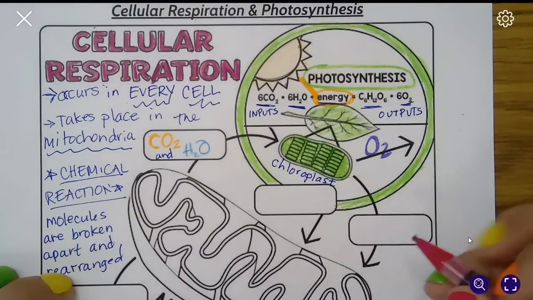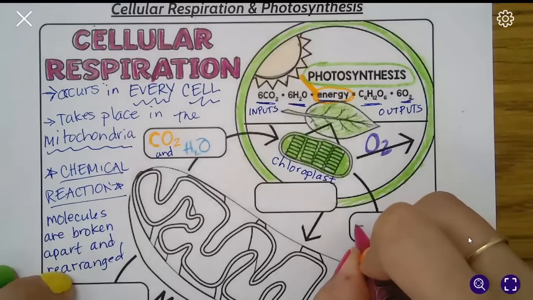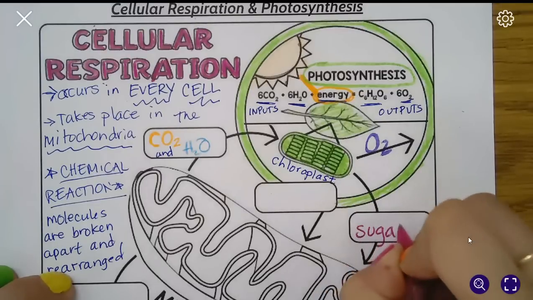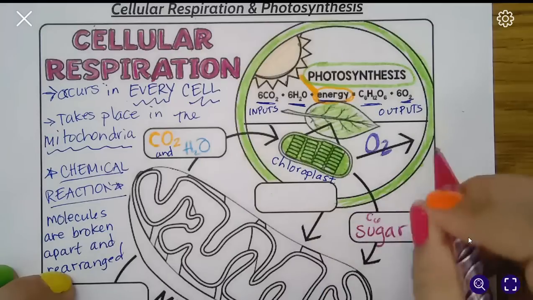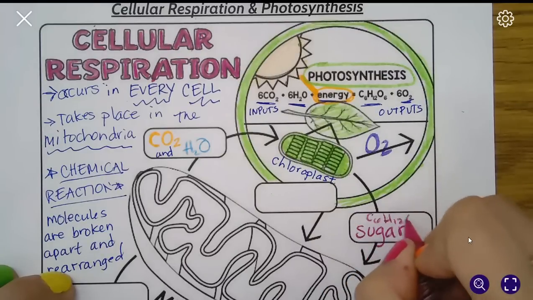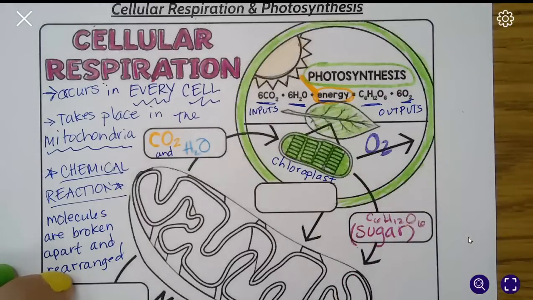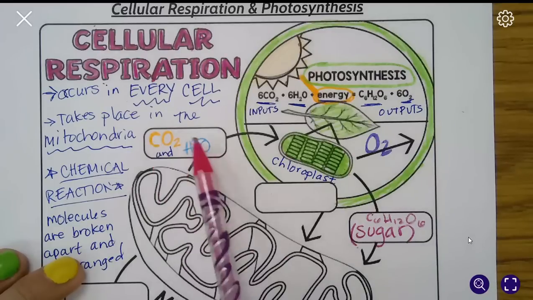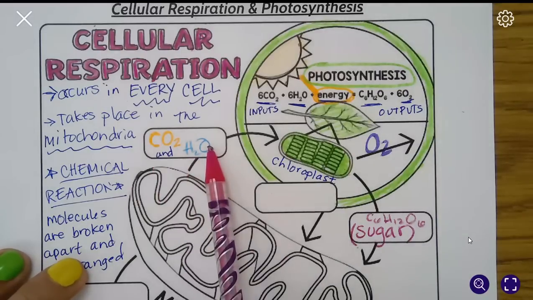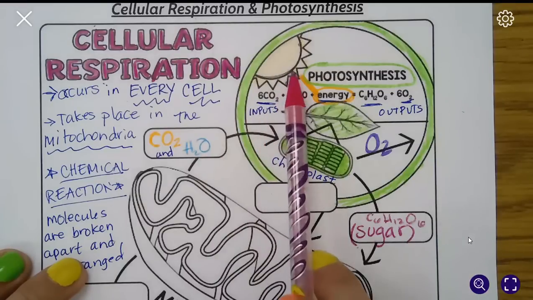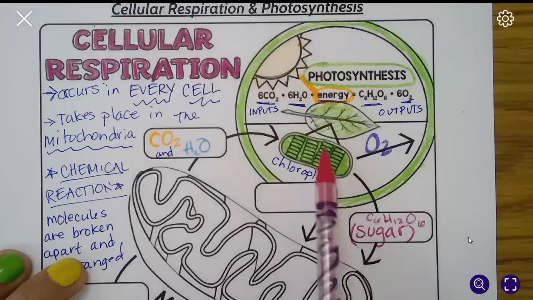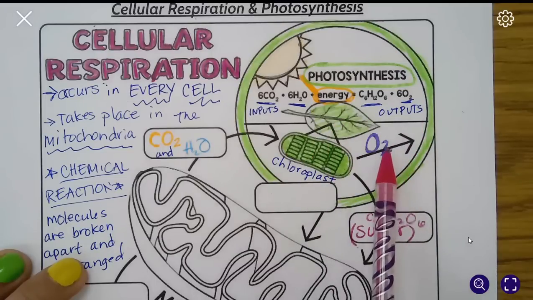We're going to use that for sugar. So it also produces sugar, which is my C6H12O6. Okay, so photosynthesis is taking in CO2 and H2O. There's my two inputs. It's using energy from the sun, and it's giving out oxygen and sugar.